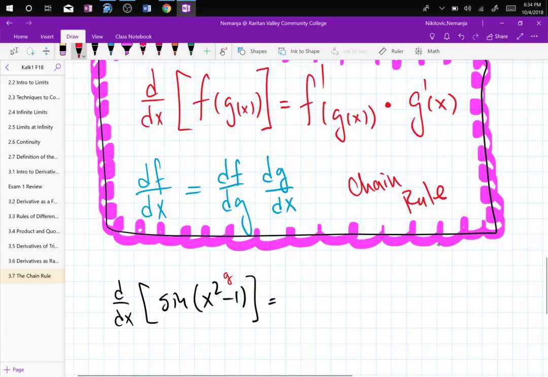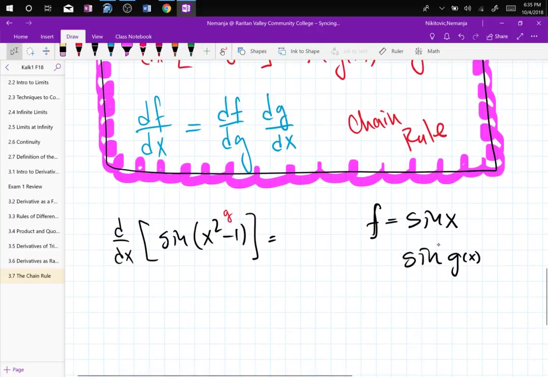So let's go with this calculation. I am supposed to take the derivative, as you can see in the formula, looking at the red line. I'm supposed to take the derivative of the outer function, keeping g plugged in. Well, my outer function f is just sine x, right? But in technicality, it is actually sine g of x. That's what it is.